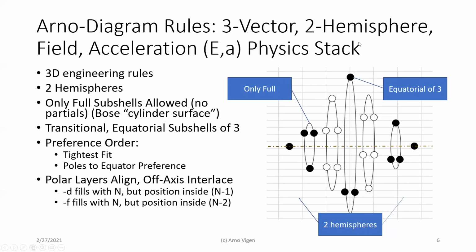Okay, so whenever you have systems, you're going to build them in 2 hemispheres, but understand the special logic that a cylinder with 0 distance off the height would only effectively have 1, and that's how we're going to get these odd count electron configurations. Now the polars align, and the preference is always to fill the poles first with the first rule that it's got to be the tightest fit and only full.